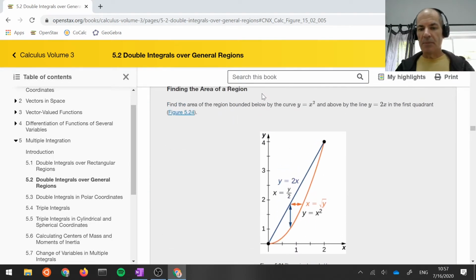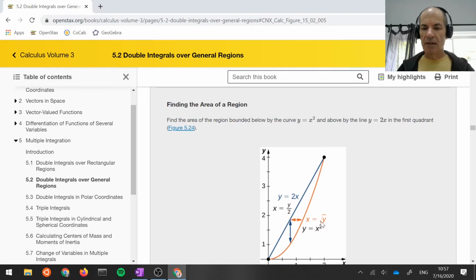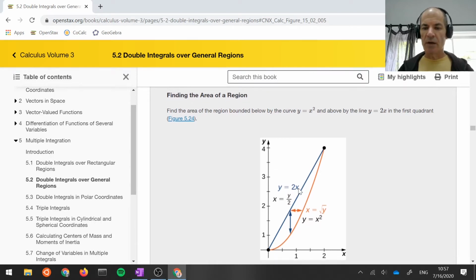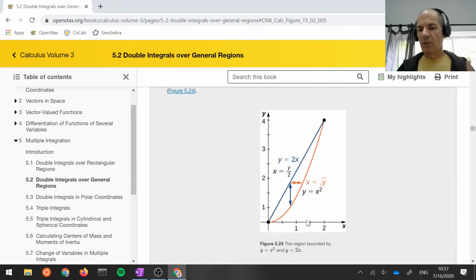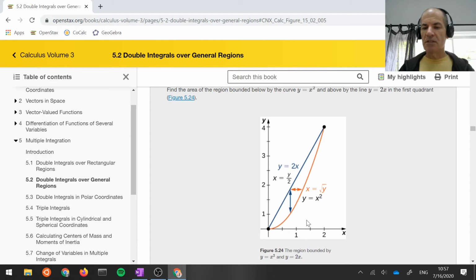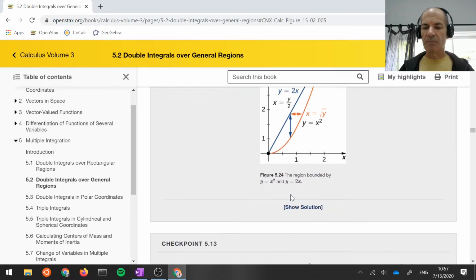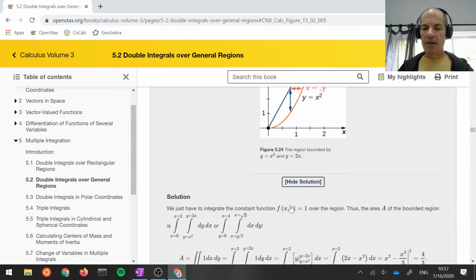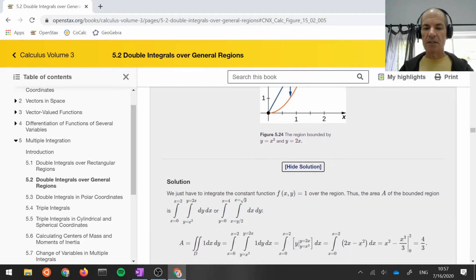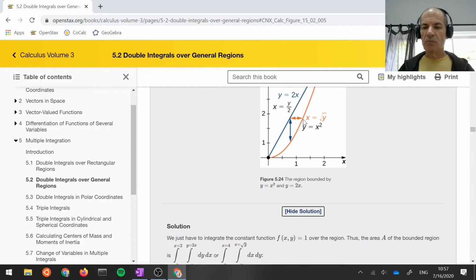All right, so for example, here's a region that's bounded by the function y equals 2x and the function y equals x squared. And we have a choice, right? This is a region that's both type 1 and type 2. We could choose to integrate with respect to y first, in which case we would have an inner integral with respect to dy, or we could choose to integrate horizontally, and then the inner integral would be with respect to x.